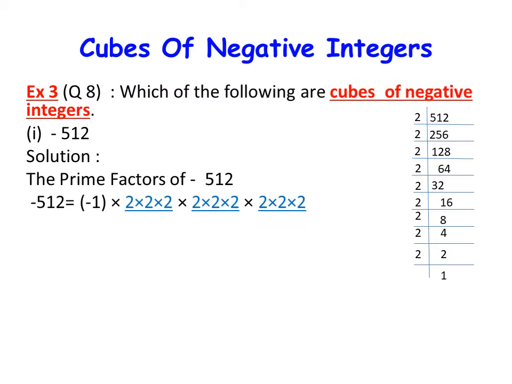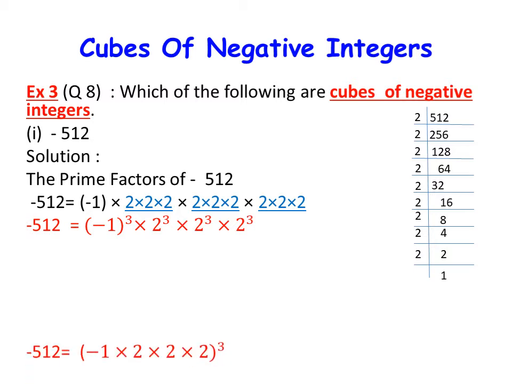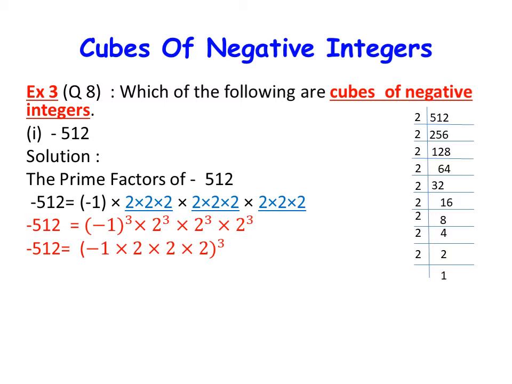After making the prime factorization, the second step is you have to make the triplets. Now since it is minus 512, and you can see that here we haven't written minus, to make it negative, you will multiply all the prime factors with minus 1.